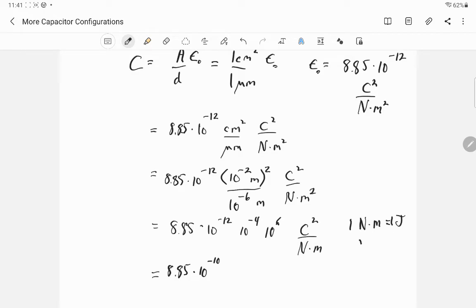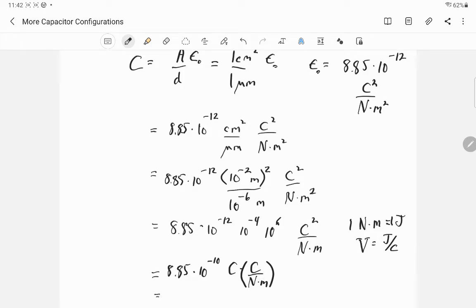But remember that a volt is a joule per coulomb. So what I'm going to do is I'm going to take these units and I'm going to imagine it being a coulomb times a coulomb per Newton times meter. And I'll recognize this thing as 1 over the volt.